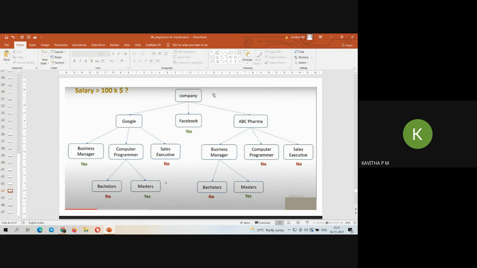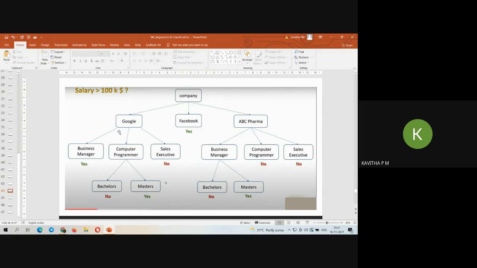When I come to the first part, the company acts as the root node, and Google, FB, and ABC Pharma act as the terminal nodes. When the company is acting as the decision node, these three act as the terminal nodes. When I come to Google, it acts as the decision node, and business manager, computer programmer, and sales executive act as the terminals.